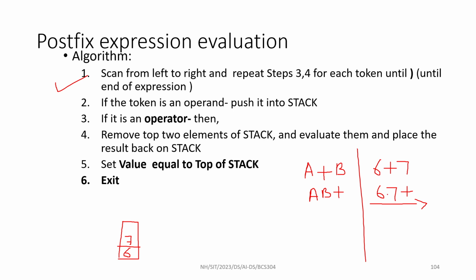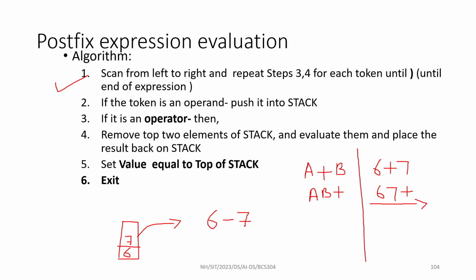Plus requires two operands. 6 and 7 were there in the stack, you pop them. So when the plus operator arrives, pop two symbols from the stack. The first symbol is 7, which becomes operand 2. The other popped one is 6, which is operand 1.